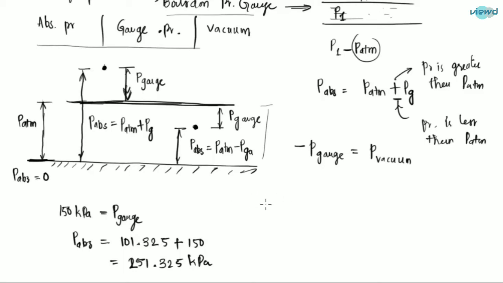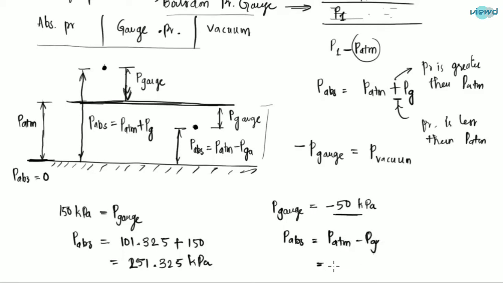If you are measuring a pressure which is below atmospheric pressure, say P gauge is minus 50. The reading will be negative, which is minus 50. So P absolute is equal to P atmospheric minus P gauge.